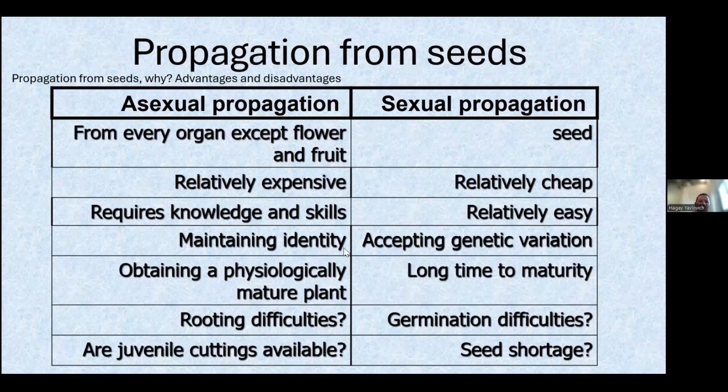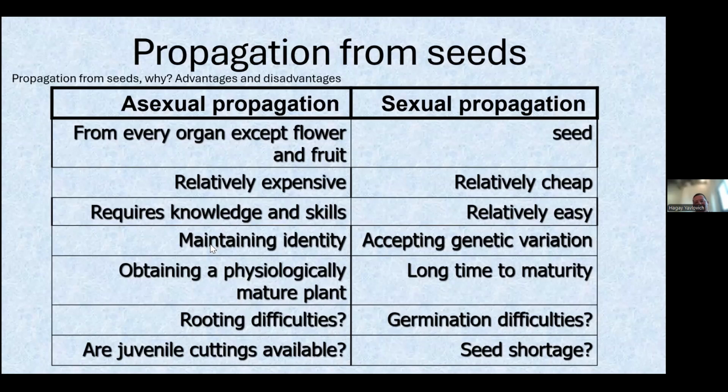If we take the left side, asexual propagation is from any origin in the plant except flower or fruit. It's more expensive than seed. It requires knowledge and skills to do it. You need to know how and when, and you need equipment that's more expensive than working with seeds.